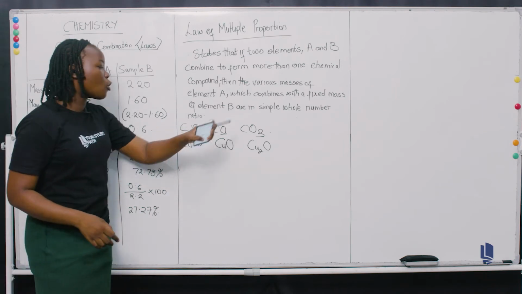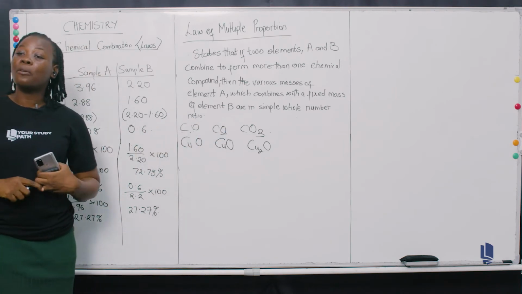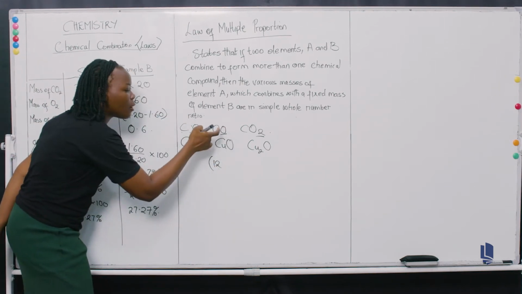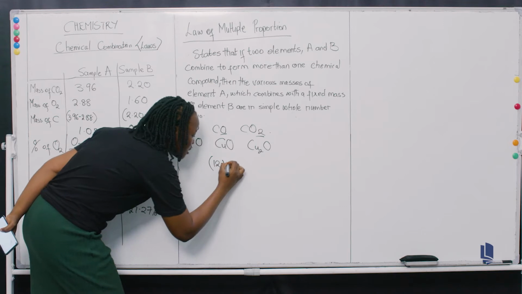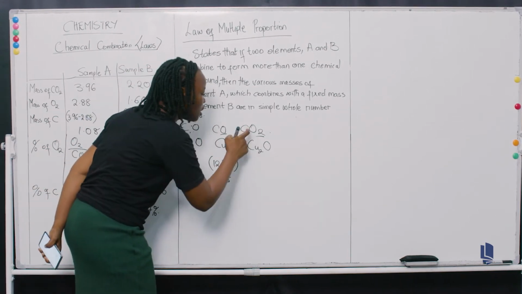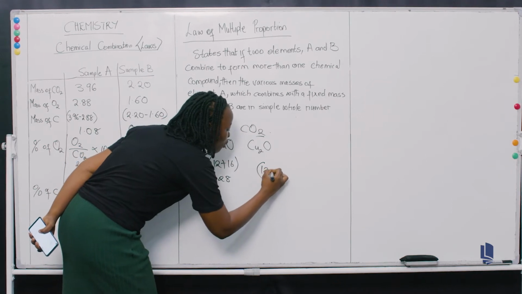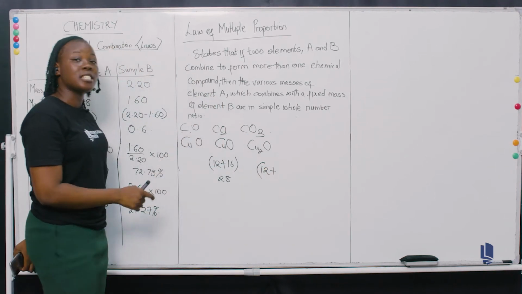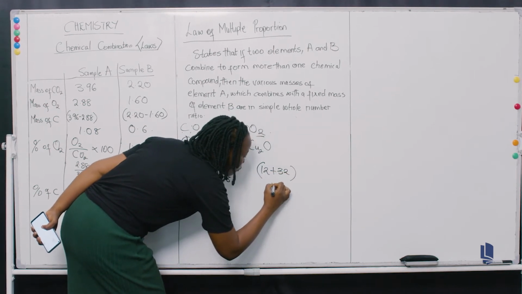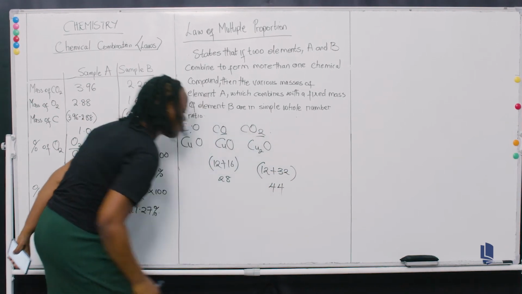In case of CO and CO2, the atomic mass of carbon is 12, plus oxygen, which is 16, and that will give us 28. For CO2, we have 12 plus oxygen, 16 multiplied by 2, that's 32, and that would be 44.